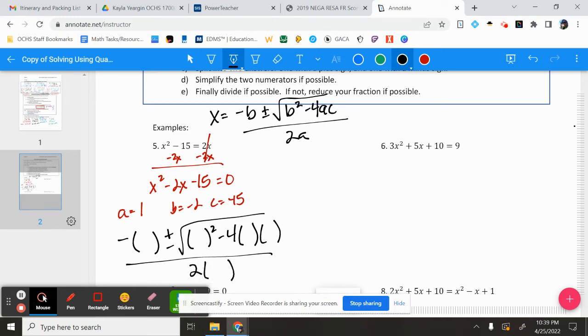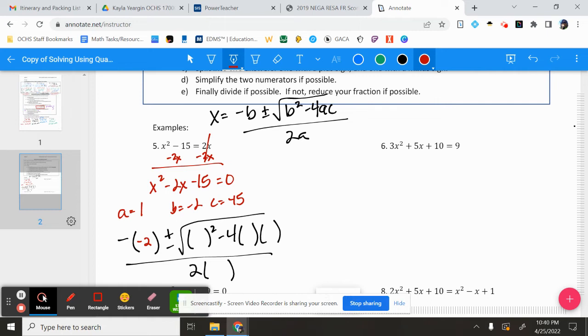Now the reason I like to use these open parentheses is because I see that that first term is a negative b. Well, if I look, my b value is negative, and I don't want to think, oh, it's already negative, I don't have to do it. We are definitely changing the sign of whatever b is every single time.